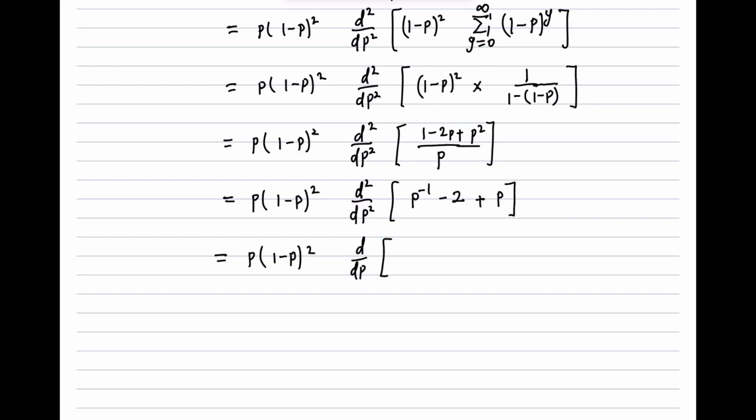So differentiating the first expression gives us negative p to the negative 2. The second term is a constant with respect to p, so it collapses to 0. And of course the last term here is simply equal to plus 1 when differentiated, which is quite simple.